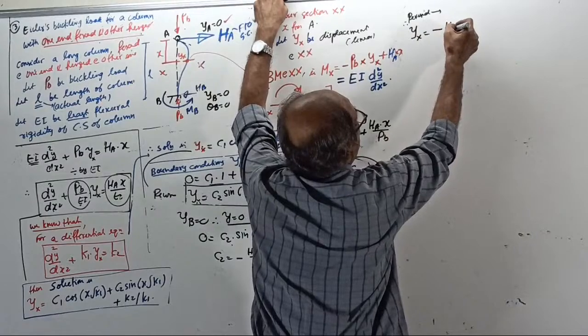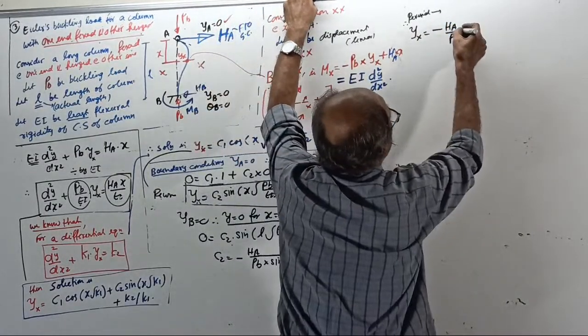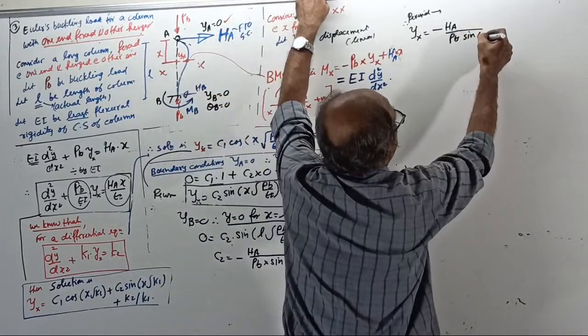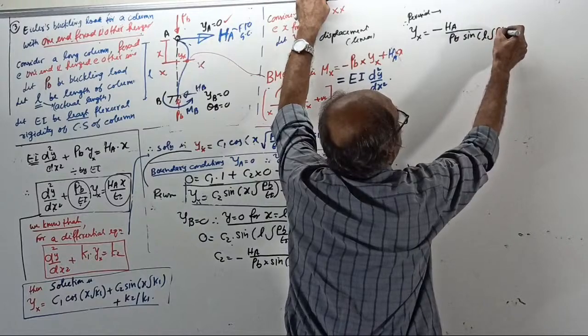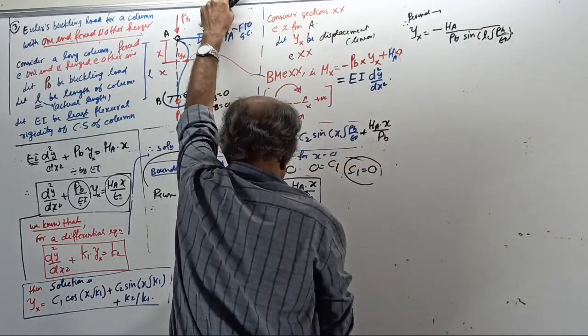Minus HA by PB into sine of L root PB by EI, that is C2.